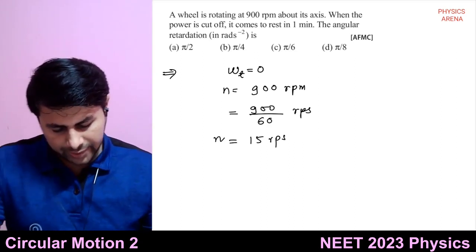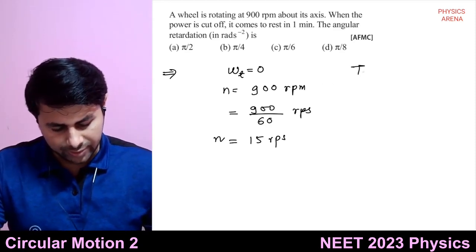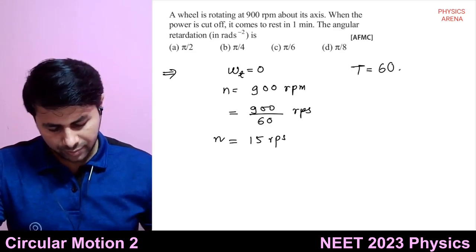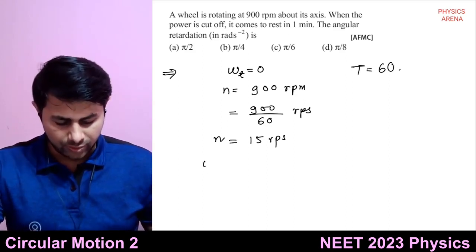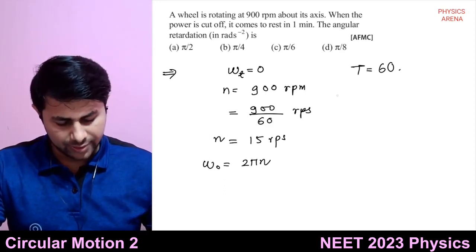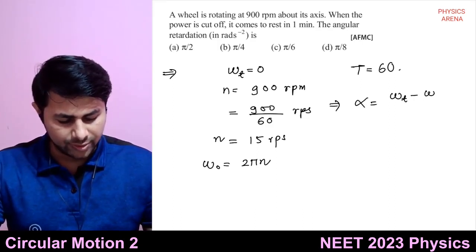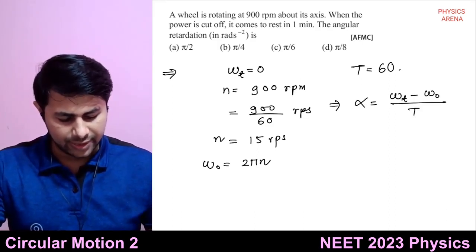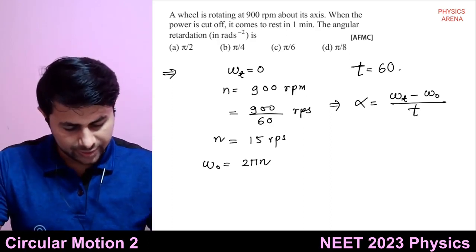Then it comes to rest in 1 minute, so time is equal to 60 seconds. So what is alpha? Omega naught is equal to 2 pi times n. Then alpha will be equal to omega t minus omega naught divided by the time.